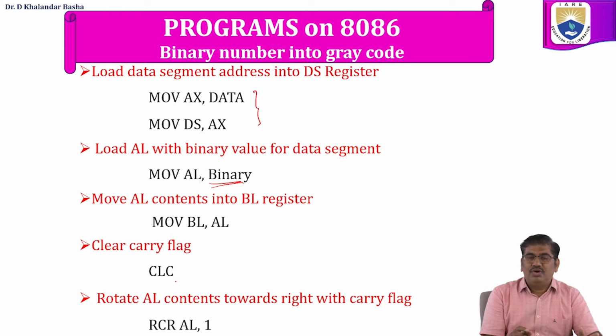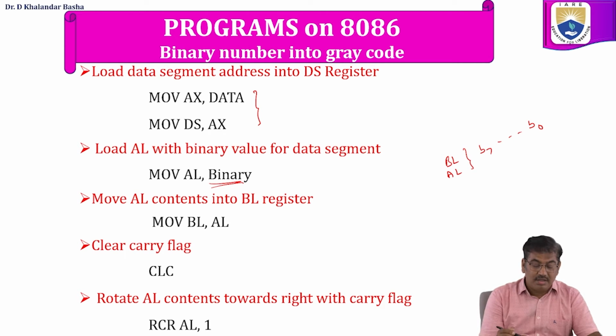As we want to clear the carry flag, we use the CLC instruction. Here we have the BL register contents as well as the AL register contents with the same contents, that is bits B0 to B7.